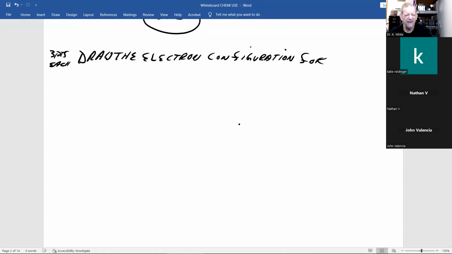Say on Wednesday, I asked you to draw the electron configuration for a couple of elements, and say 1 is carbon. We have to know carbon has 6 electrons, and we got that from the atomic number. And the first shell is 1.